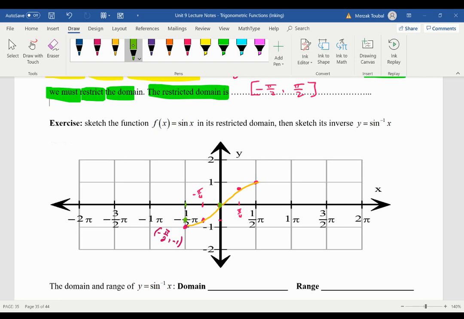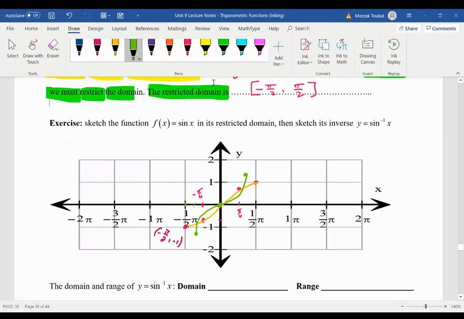So 1, pi over 2 is somewhere here. So this one actually was not right. It's negative 1, which is somewhere here. Negative pi over 2 is somewhere here. So I made a mistake actually. So the inverse would look like something like that. Something like this. Not exact, but it's a good approximation.